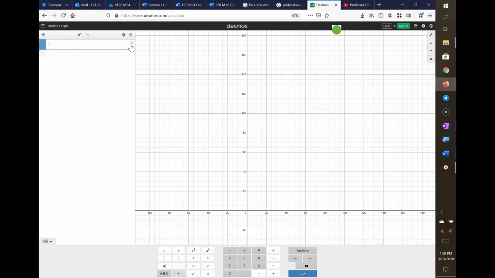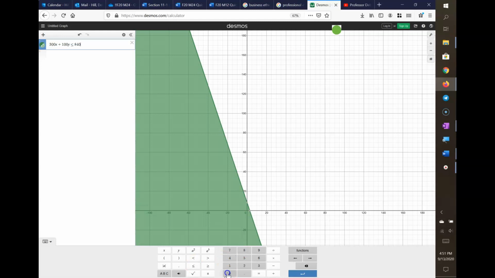So let's see what happens if we put 300x plus 100y is less than or equal to 8400, and Desmos draws the inequality for us.